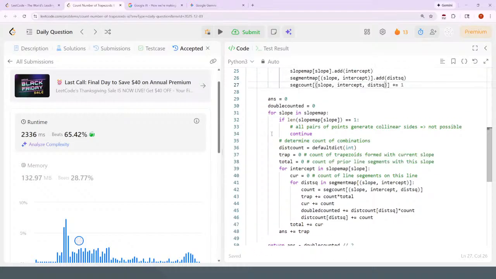And then you have your main for loop, nested for loop, that goes through all your slopes. All your slopes will determine things that could be parallel, opposite sides of the trapezoid. But if all the line segments of a particular slope are just one line, then you can't form any trapezoids.